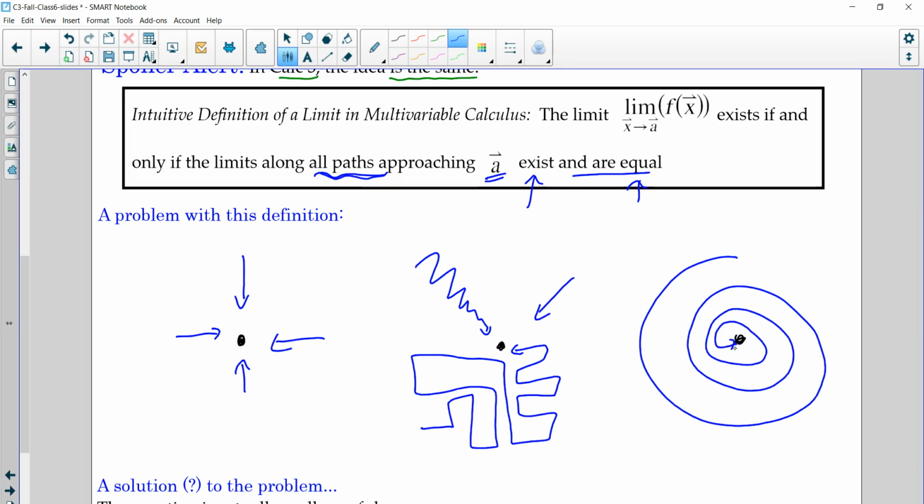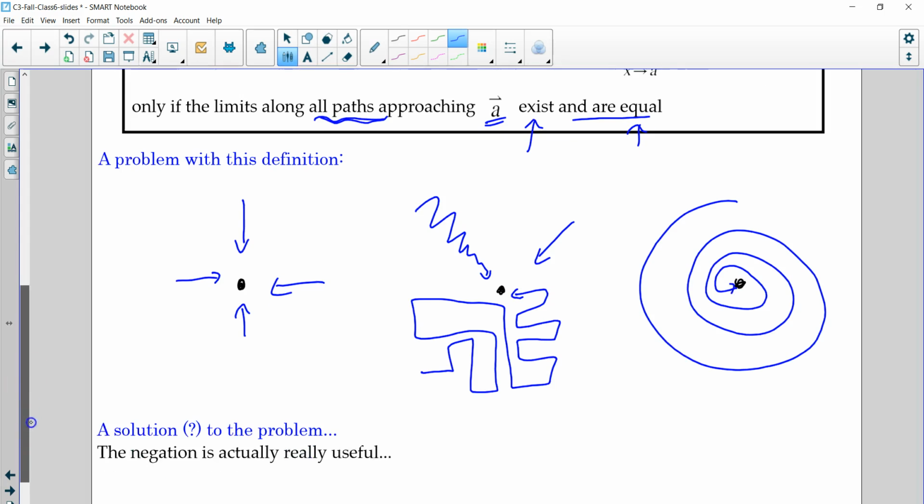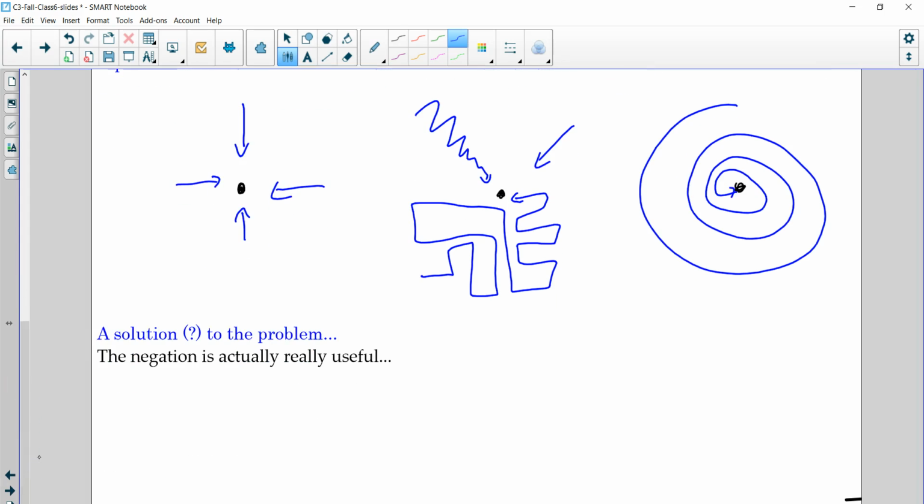So how do we employ this definition in actually finding the value of a limit? There's actually maybe an easier solution.